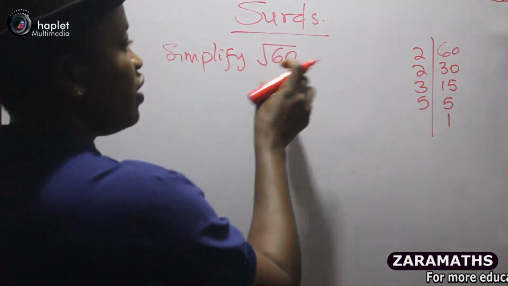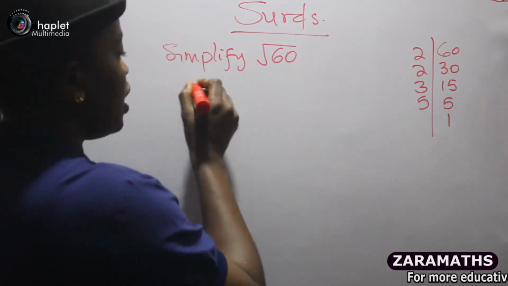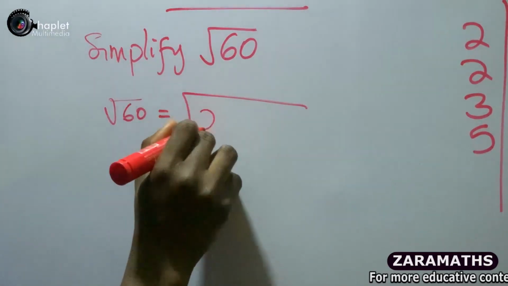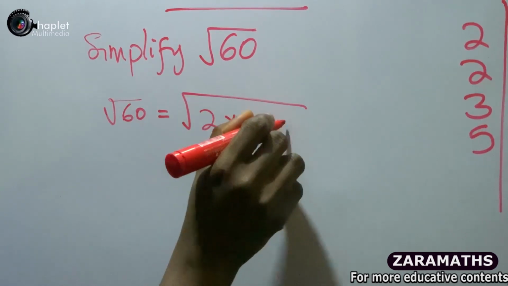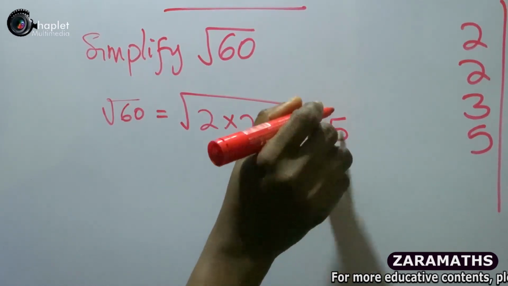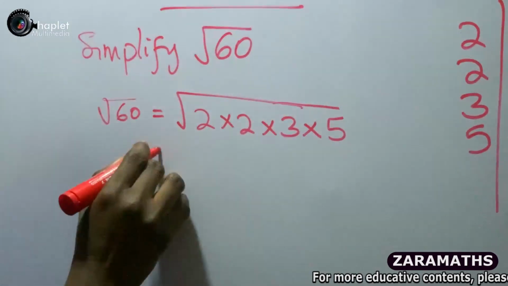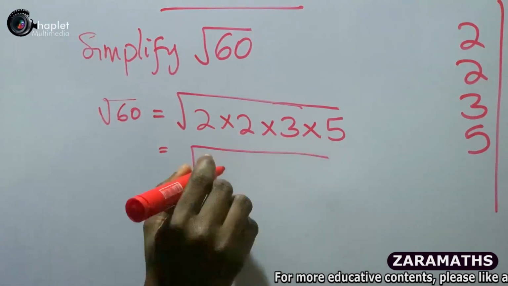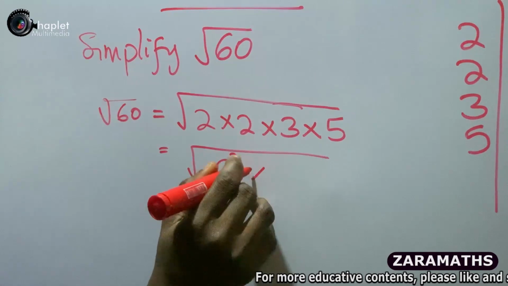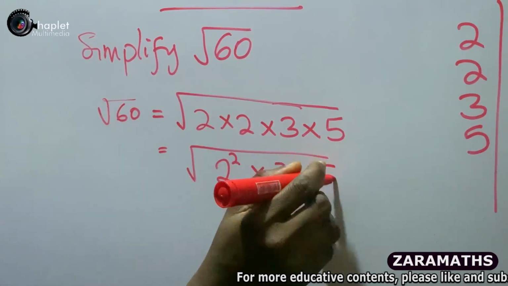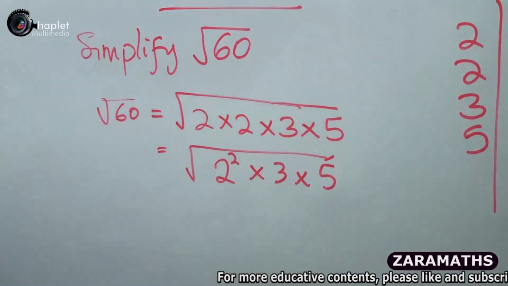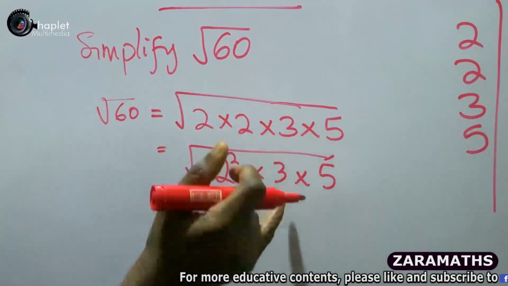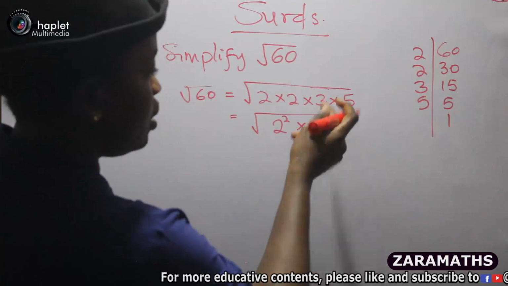So if you are to simplify the square root of 60, we have it as the square root of 2 times 2 times 3 times 5. In this case, 2 times 2 is the same thing as 2 raised to the power of 2, times 3 times 5. 3 is only 1 and 5 is only 1, so you cannot write them in square form.